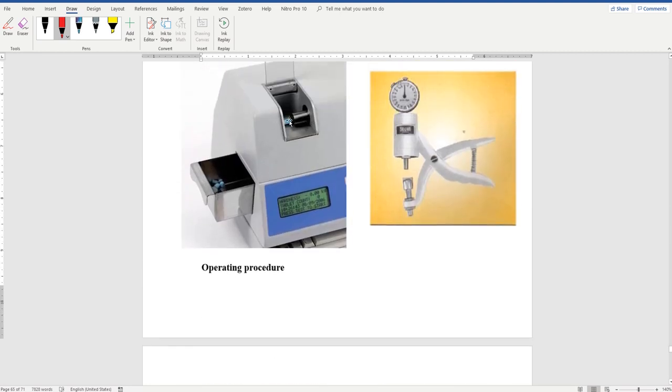If you see here, it's a caplet shape. So in this photo, it's positioned in its longitudinal direction, the length rather than the width.